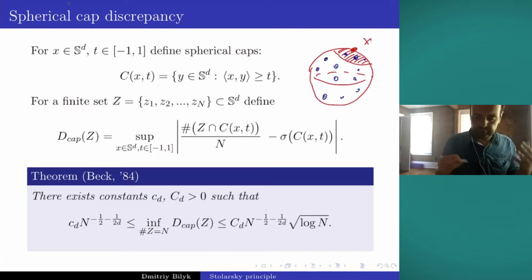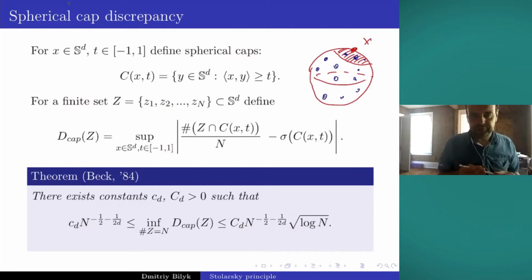If you take the minimum over all n-point sets, you have almost tight lower and upper bounds. Both bounds are due to Beck, so it goes back to the 80s. You can see there is this interesting, very little difference between the lower and upper bounds. It's a square root of log n.